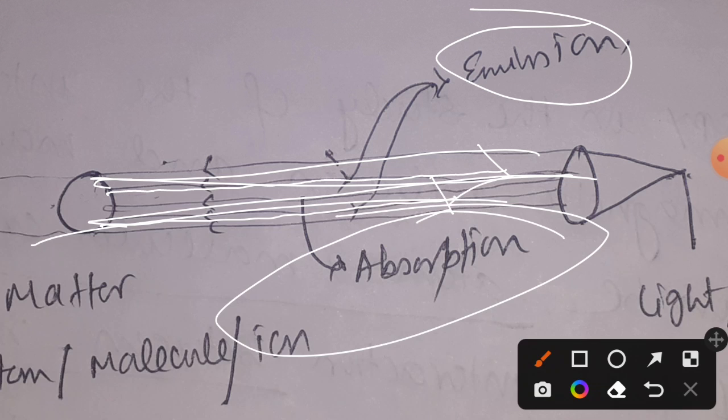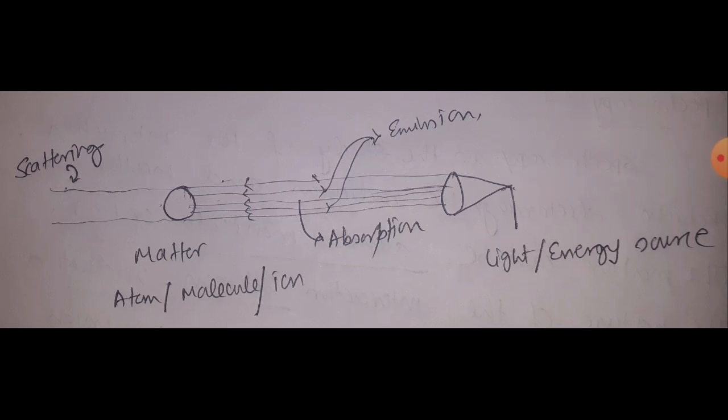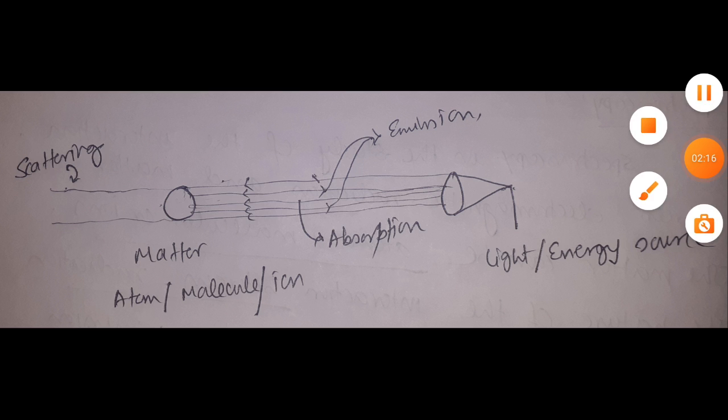This phenomenon is called absorption. So three kinds of things can occur when an energy source or light source imparts light or energy or electromagnetic radiation on matter.